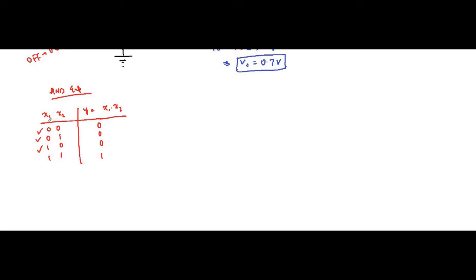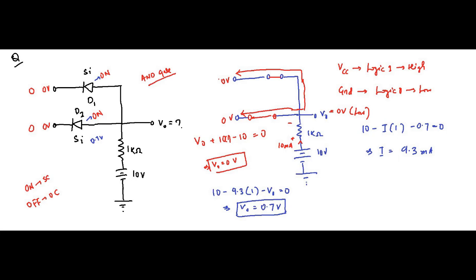Then the last one, both are connected to logic 1 or high, that is 10 volt supply voltage. This is connected to 10 volt and this is also connected to 10 volt, logic 1, logic 1, 10, 10. In this case, both the diodes will be open circuited. Both the diodes will be open circuited.